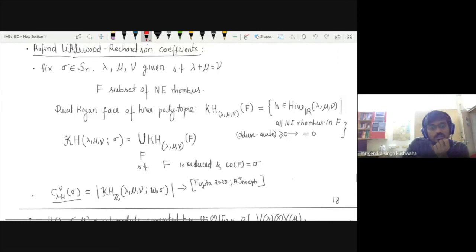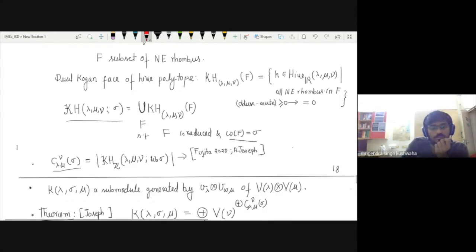So take the union over all those faces and collect all these Hives. Okay. And now take all the integer solutions within this. So which faces give WF equal to sigma? You take all the integer solutions in this. That is called the refined Littlewood-Richardson coefficient. So here one variable sigma is added, and I will add it just like a bracket sigma.